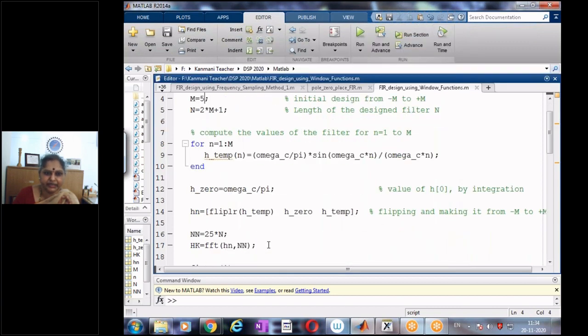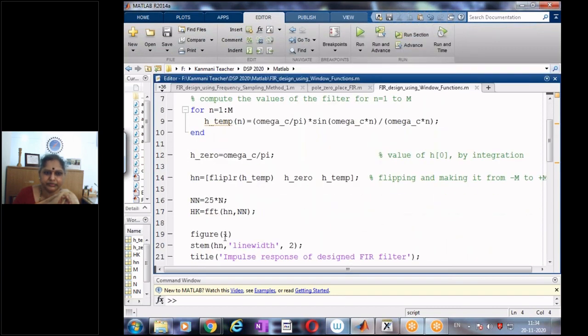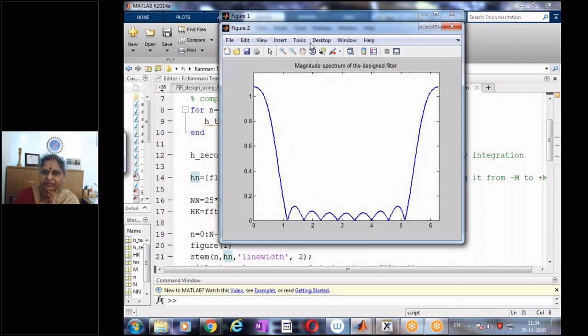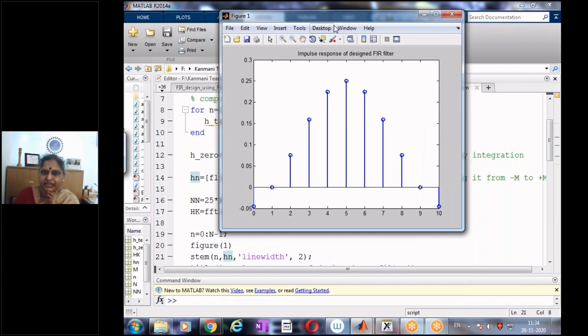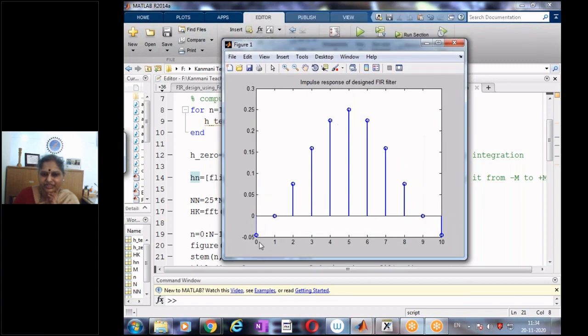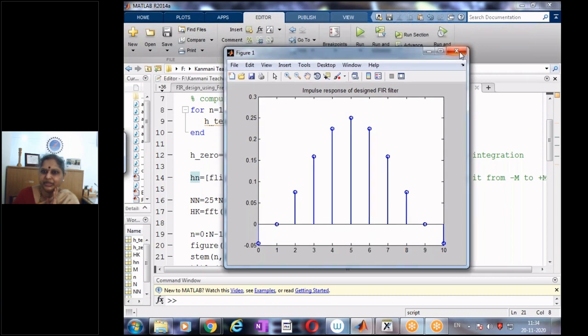Let me define n equal to 0 to n minus 1. So this is my magnitude response of the designed filter, and this is the impulse response of the designed filter, that is of length 11, but it goes from 0 to 10.